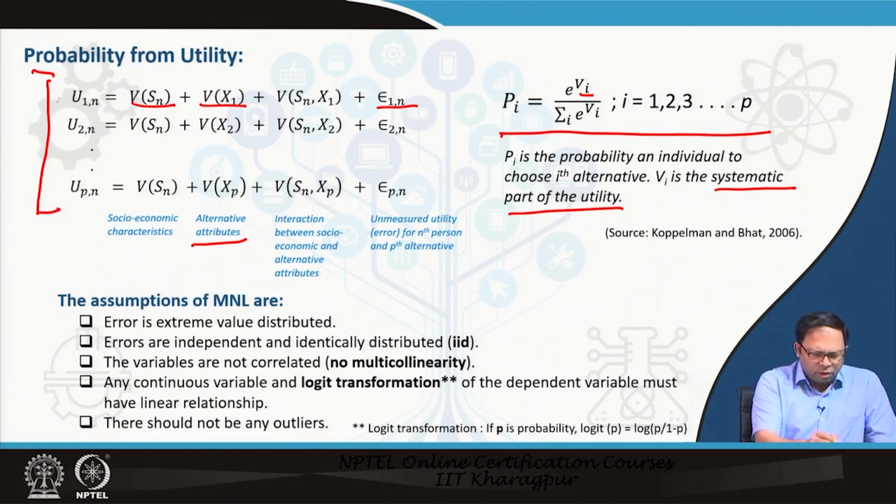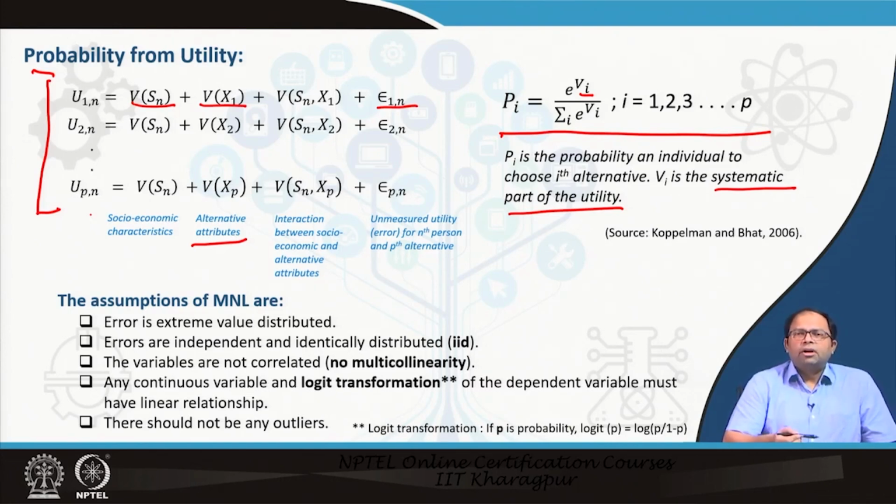This is the form in which we have to arrange our utility equation for each of the different modes for each individual. So, if you have 10 individuals and 3 alternatives that each person has the option to use, then there would be 30 data points and 30 utility equations.